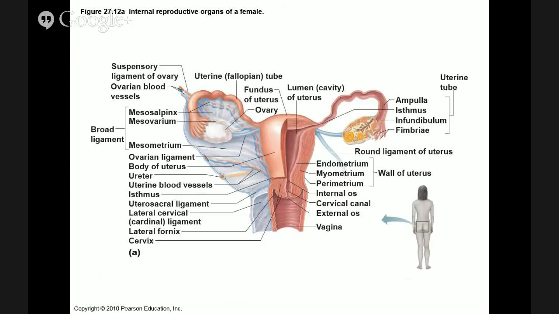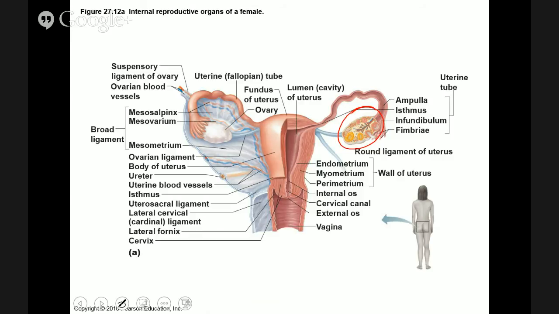We find some homologous structures, and we talked about one of them already, but we have other homologous structures, which are structures that are anatomically similar between the male and the female. And one of those would be the ovary. The ovary is homologous to the testes.